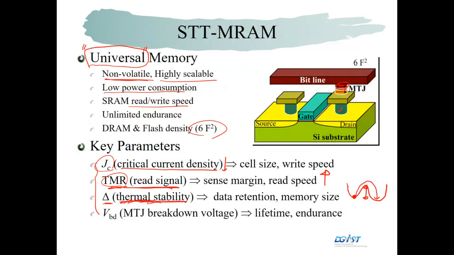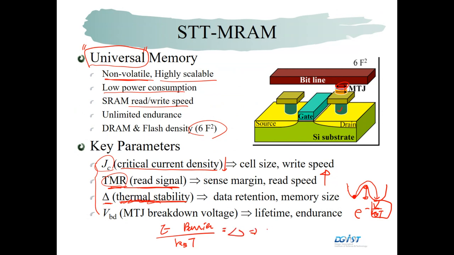There is always a finite possibility of this tunneling, and this tunneling can happen depending on the barrier height divided by kBT. This is the thermal energy. So this ratio, the energy barrier divided by kBT, is defined as delta.